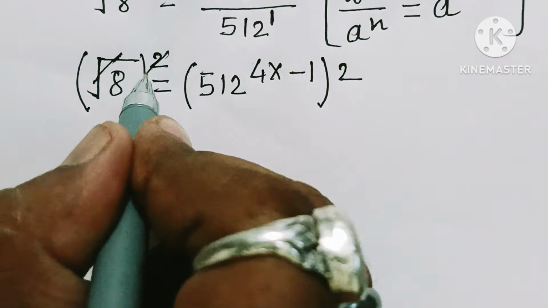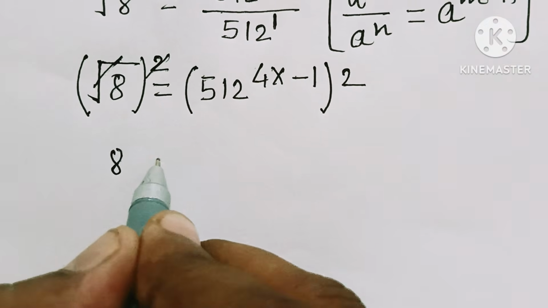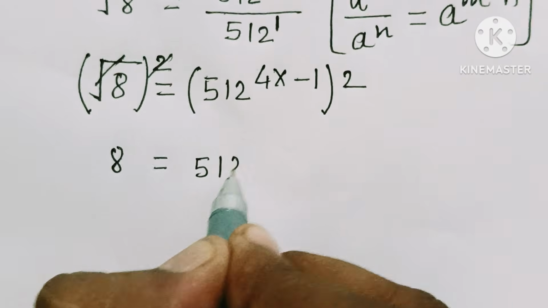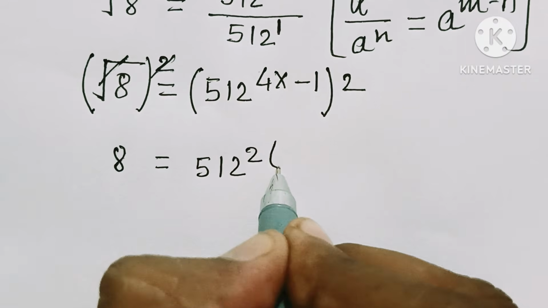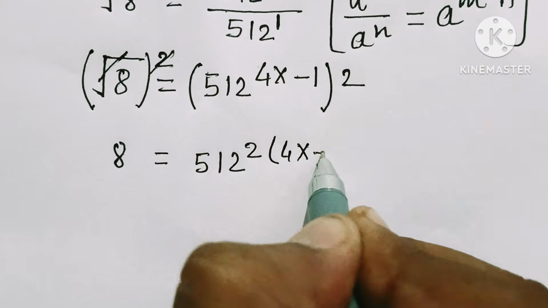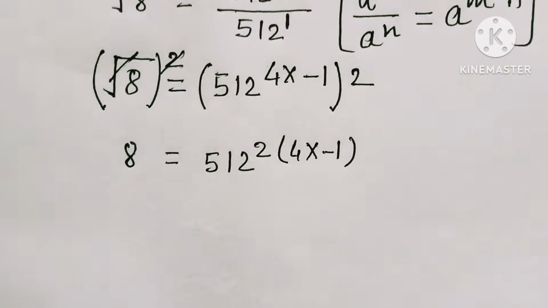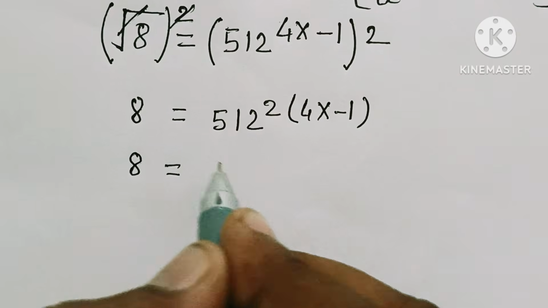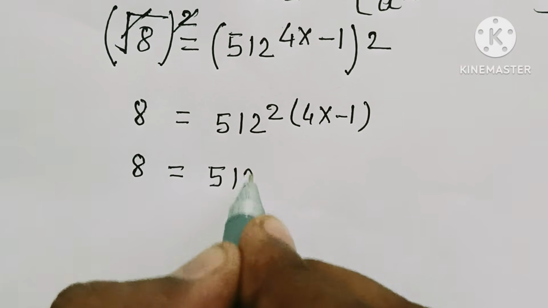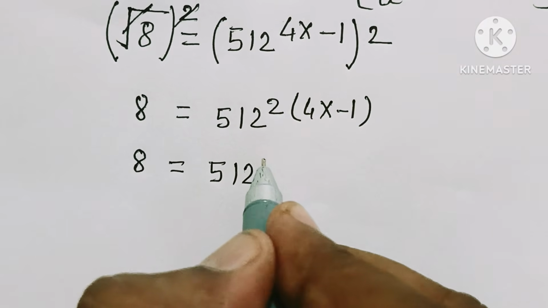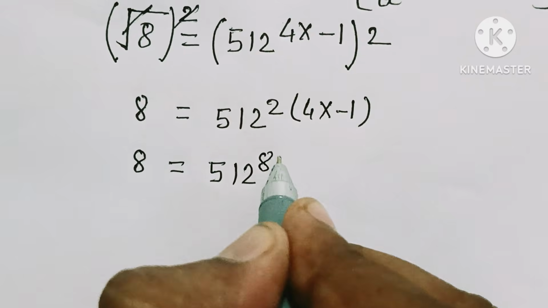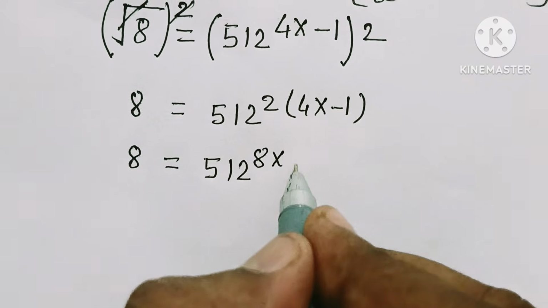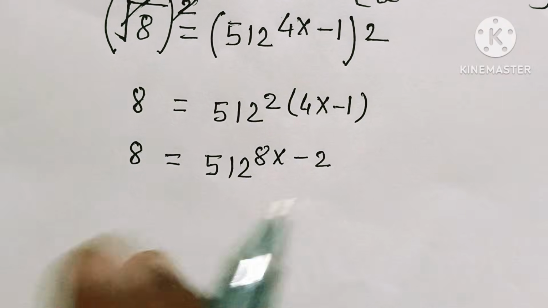The square root or square will be removed, so here 8 equal to 512 raised to power 2 into in bracket 4x minus 1. 8 equal to 512 raised to power 2 into 4x, that is 8x, 2 into minus 1, minus 2.